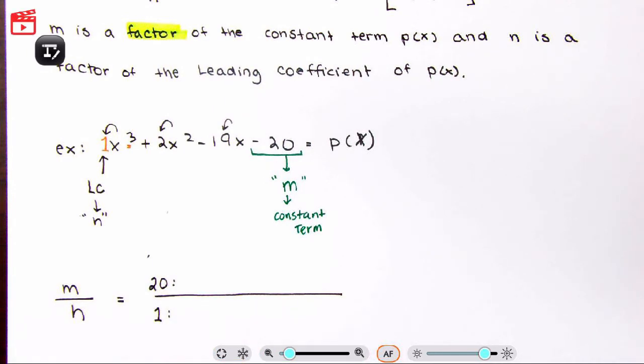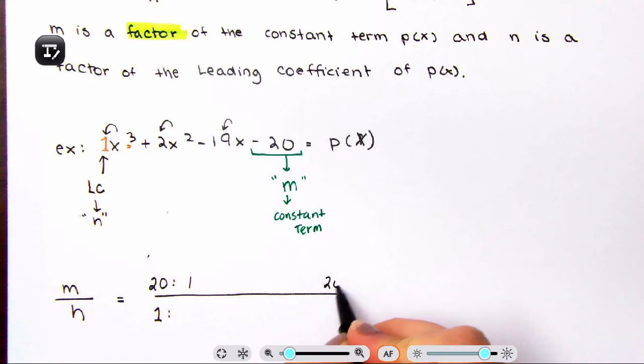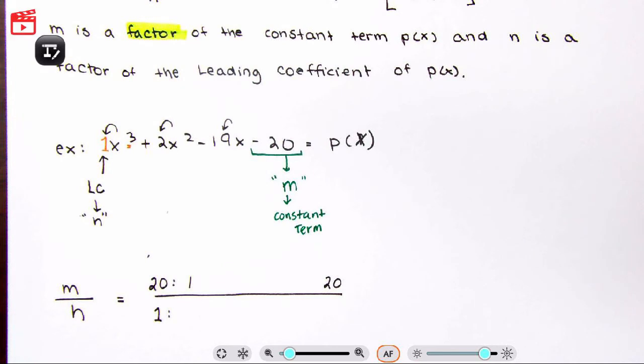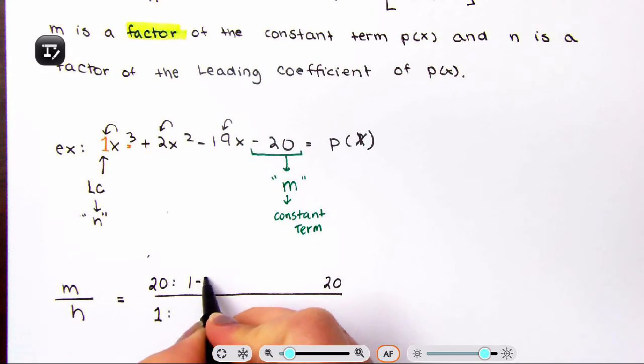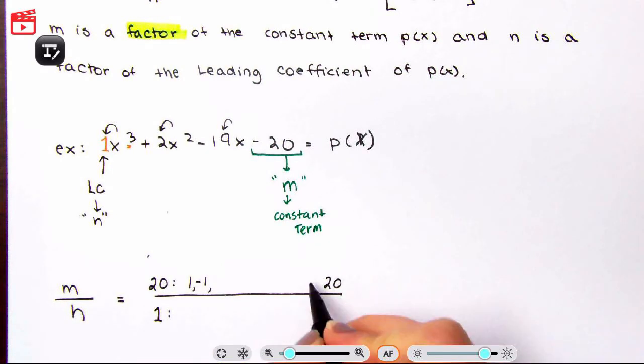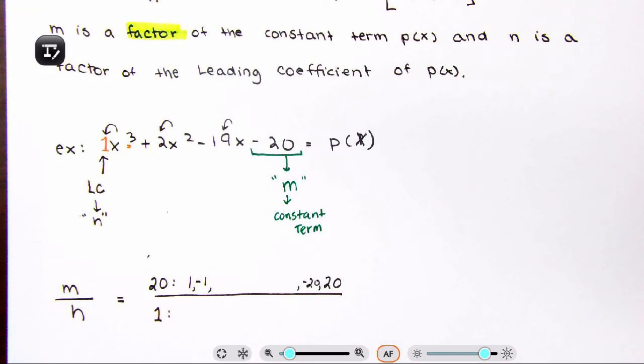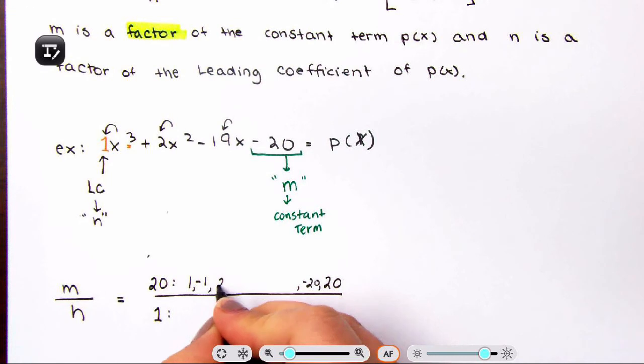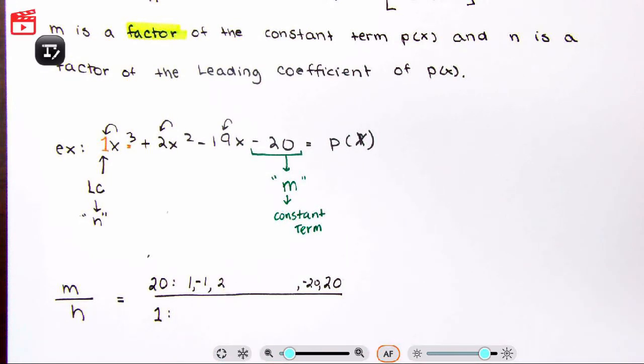If I was to do this on my calculator, I would double check what all of these are. I know that 1 goes in it because 1 times 20 is 20. I also know that negative 1 goes in it because negative 1 times negative 20 is 20. I also know 2 goes in it because 20 divided by 2 is 10.